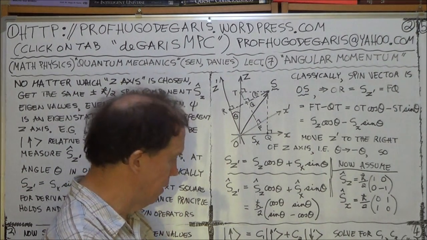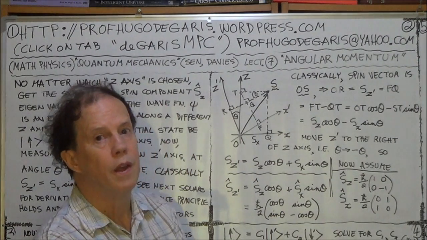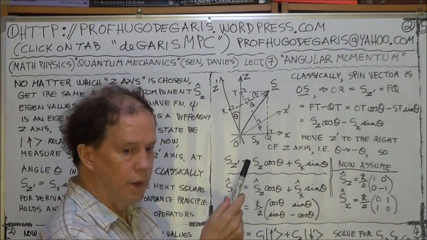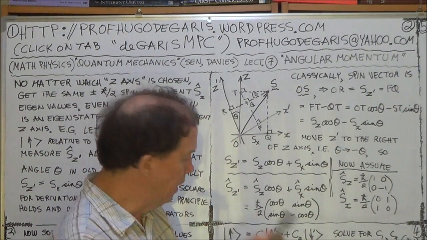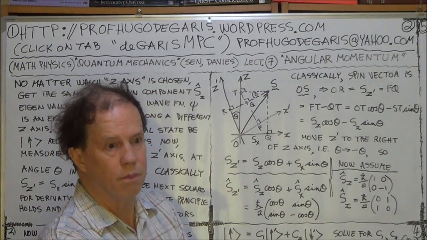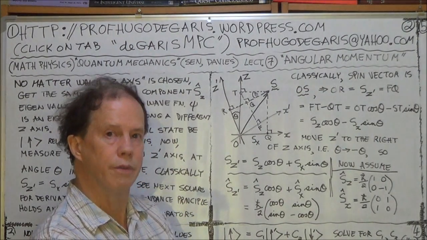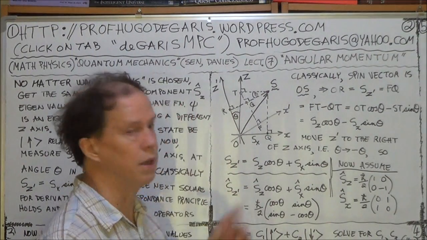So next session I'll actually prove that no matter what theta is, your eigenvalues for the component of your intrinsic spin, your spin, along the z dashed axis will be plus h bar over 2 or minus h bar over 2. Right? No matter what theta is, which is interesting. So we'll do that next session.